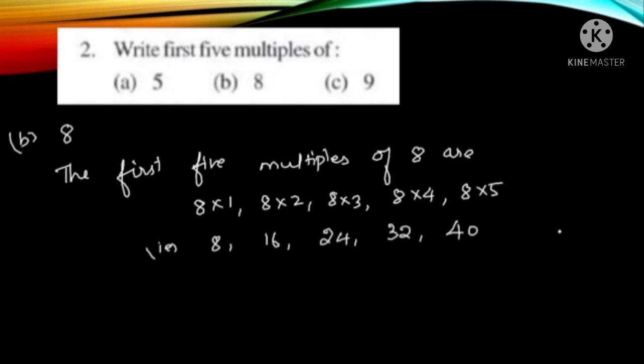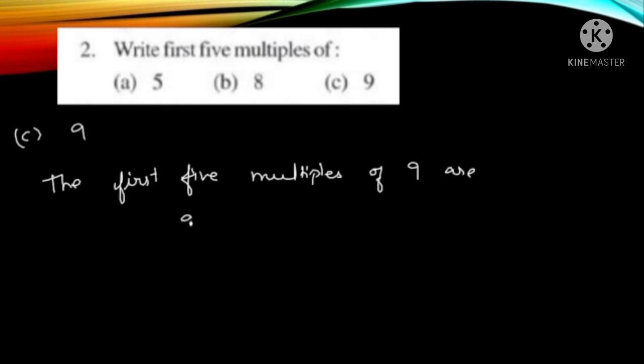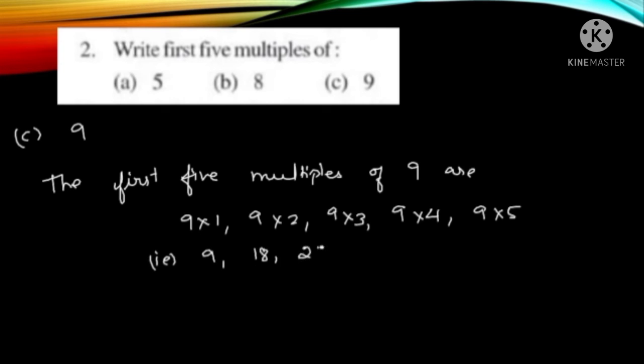So this is the answer. Next, subdivision C, 9. The first 5 multiples of 9 are 9 ones are 9, 9 twos are 18, 9 threes are 27, 9 fours are 36, 9 fives are 45.